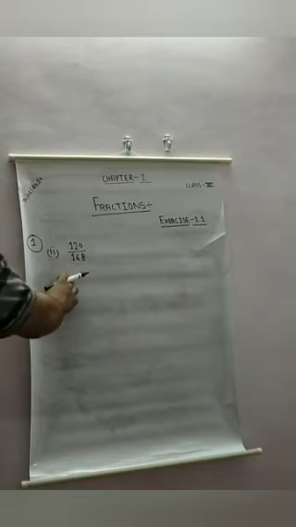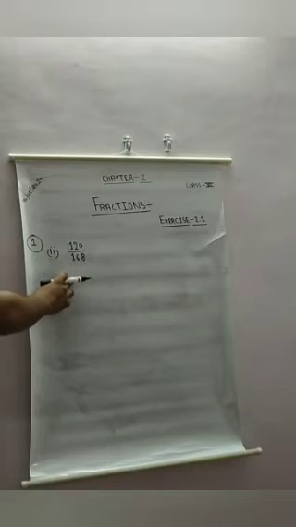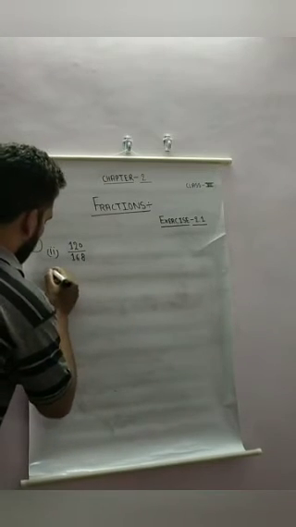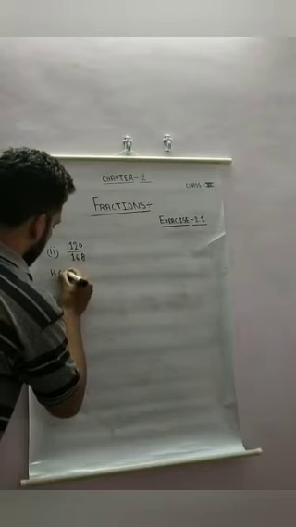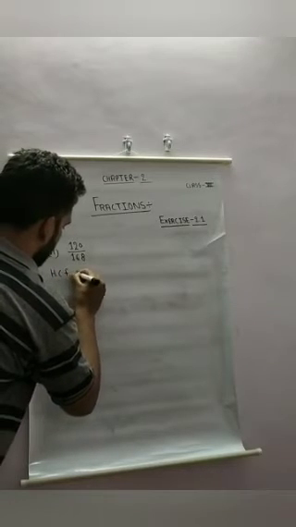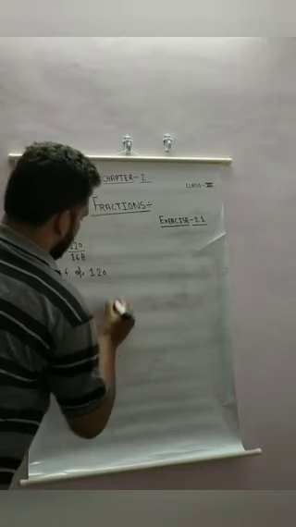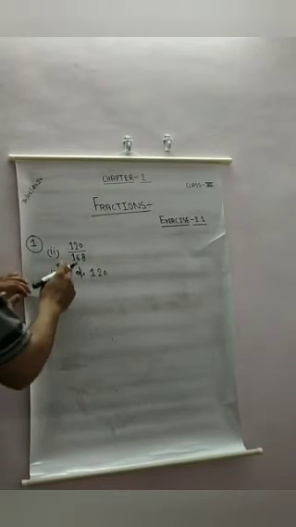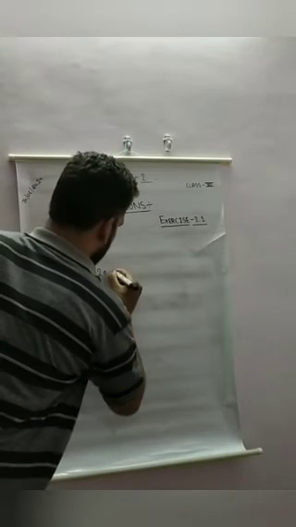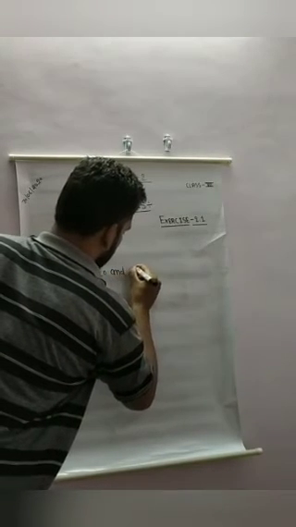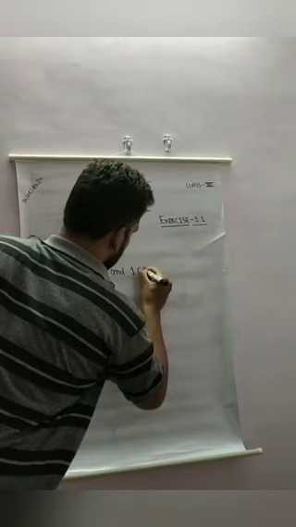Any fraction may be reduced to lowest terms by dividing the numerator and denominator by their HCF. So the HCF of 120 and 168 is 24.